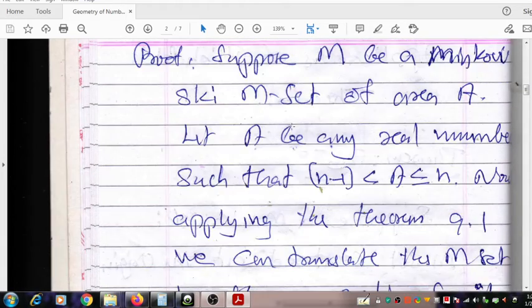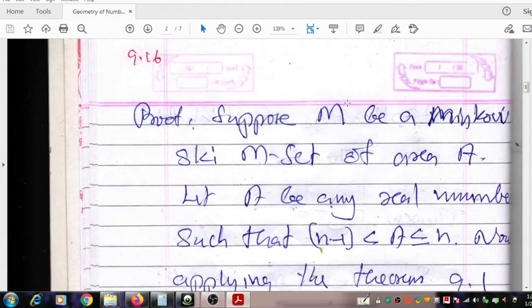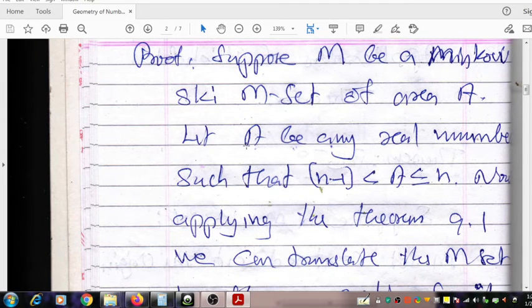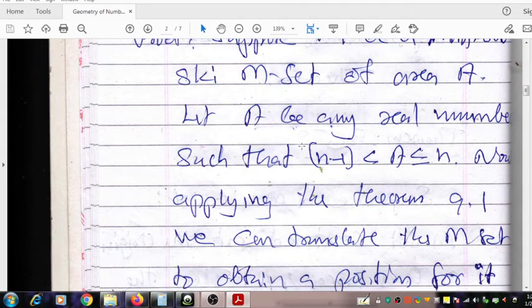Actually, in all the figures that M set is marked as M prime, and you may ignore that difference, that mistake here. Let's call this M prime. Let M prime be a Minkowski M set having area A, and let a be any real number.